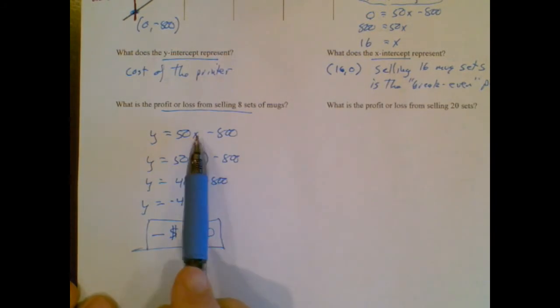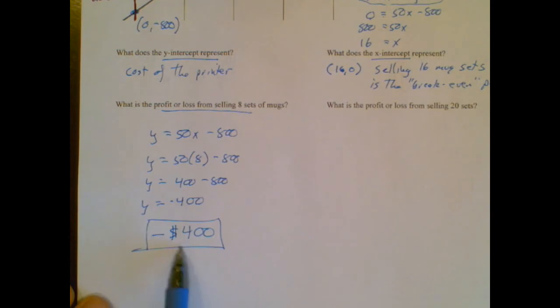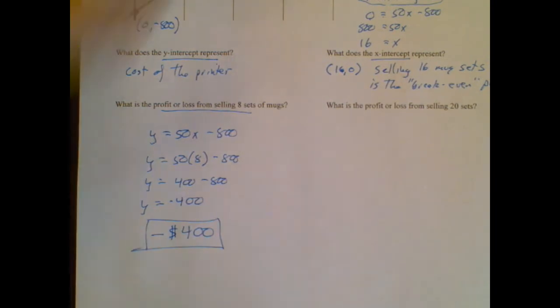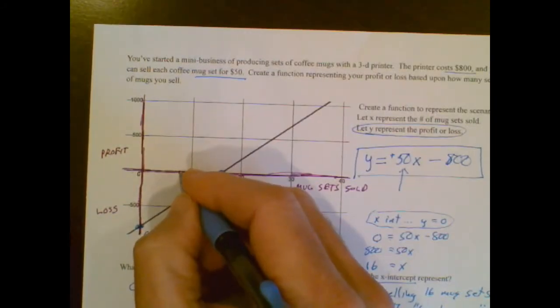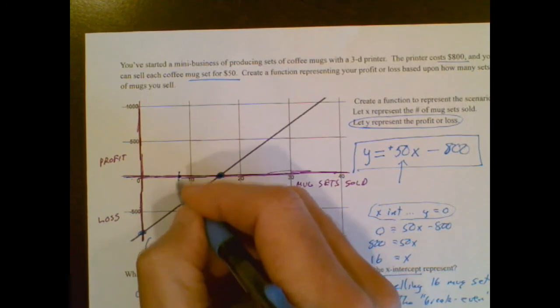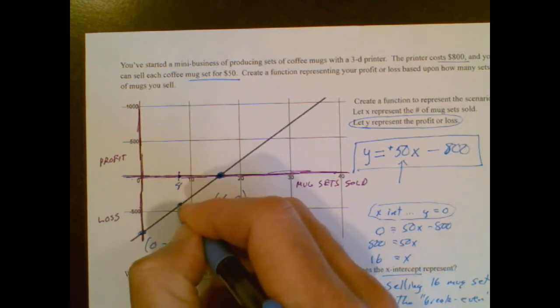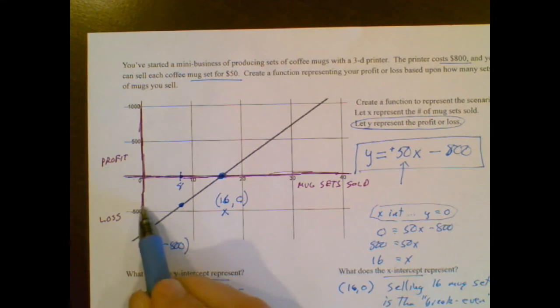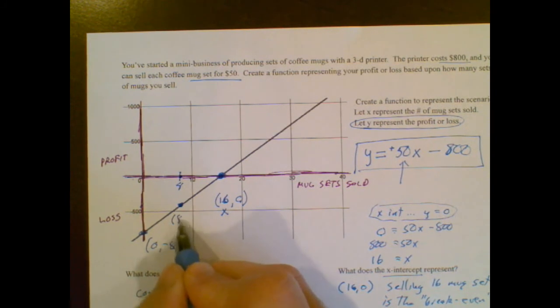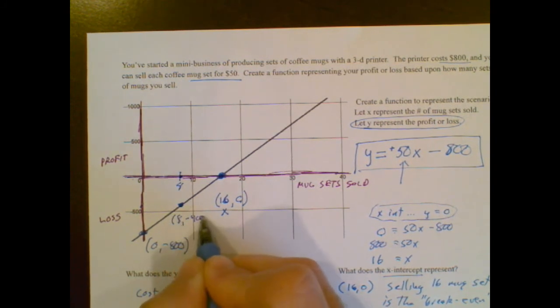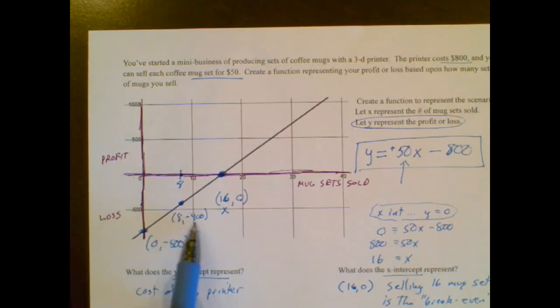Original equation, plug in x of 8 sets of mugs, works it out, I get a y value of negative 400. I'm losing some money. But you know what? That makes sense because 8 sets of mugs is about right there. And for 8 sets of mugs, I should be in negative territory. It looks like at about negative 400. I have (8, negative 400). I'm losing money.